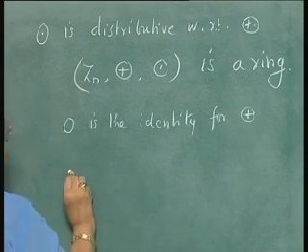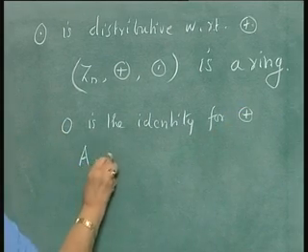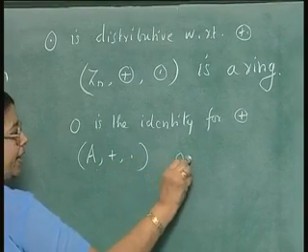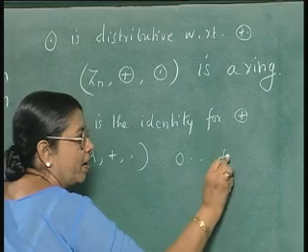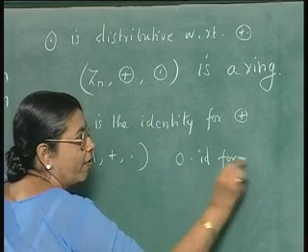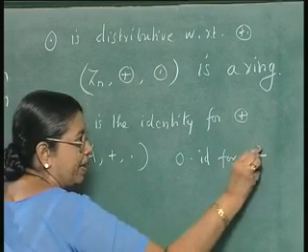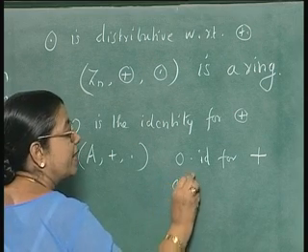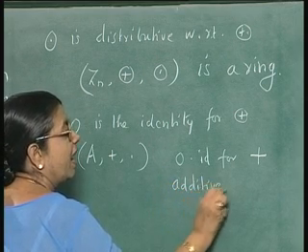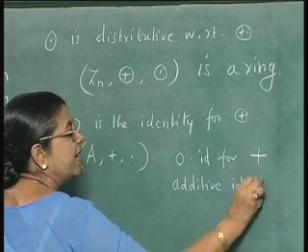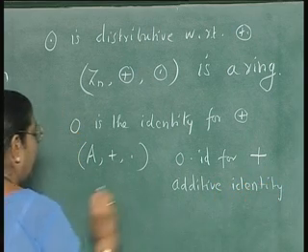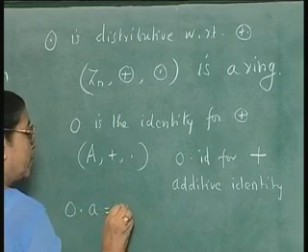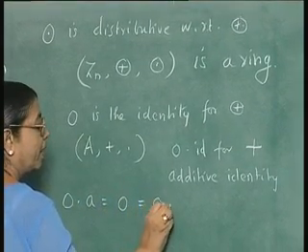In general, if you take this ring and 0 the identity for the plus operation, you call it the additive identity. Then you can see that 0 dot A is equal to 0 equal to A dot 0.